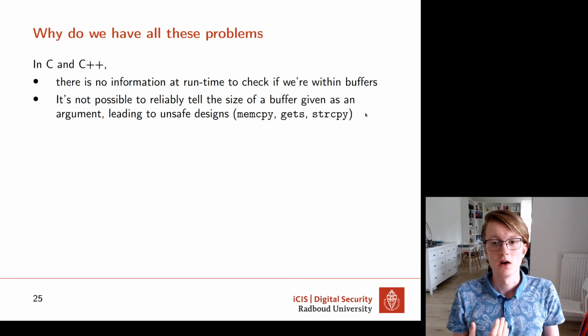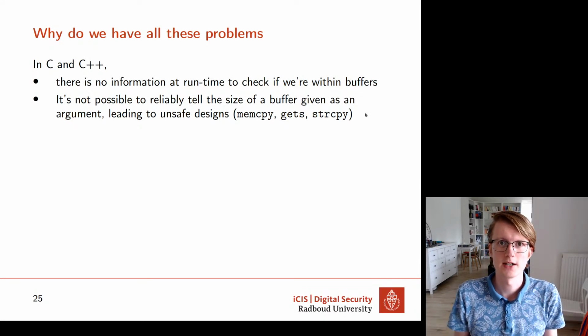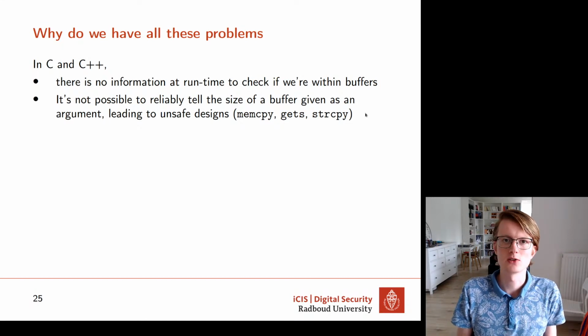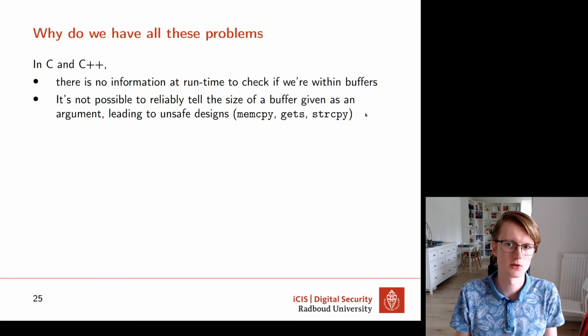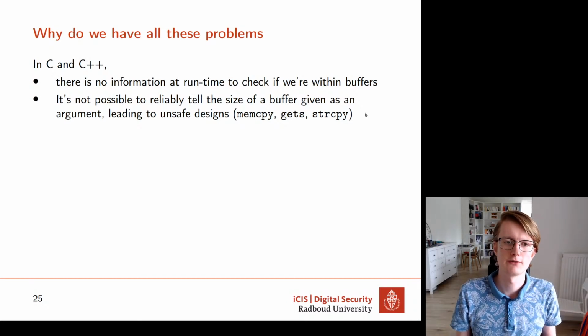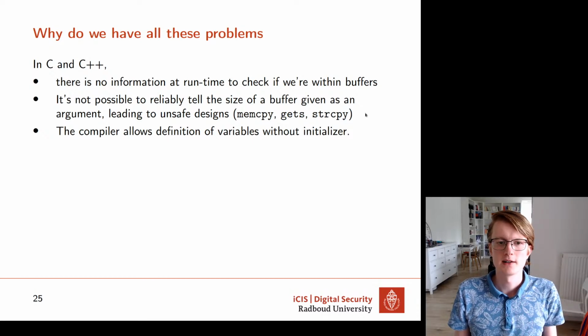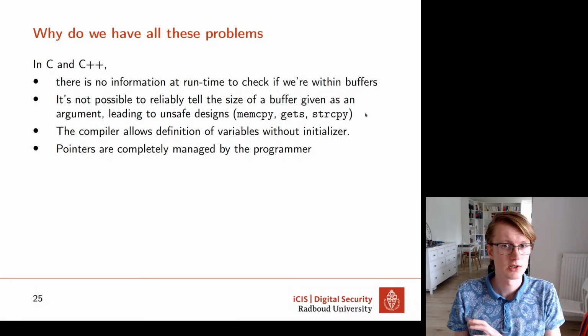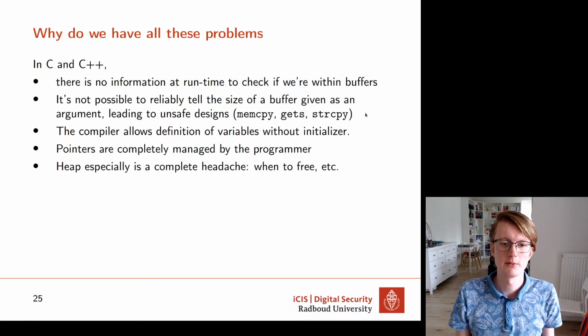And there's also no way to fix that, right? Because you don't have that information, you could also not augment gets or strcpy or memcpy to check if the buffer that you're copying to is large enough, because the function cannot tell. So that is tough. The compiler also allows definitions of variables without initializer. Pointers are completely managed by the programmer.